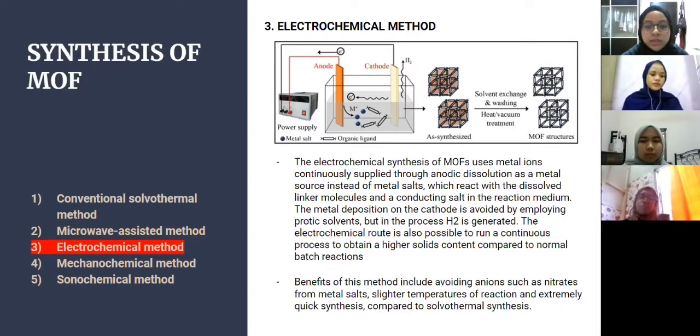The electrochemical route also makes it possible to run a continuous process to obtain a higher solid content compared to normal batch reactions. The benefits of this method include avoiding anions such as nitrates from metal salts, a slightly lower reaction temperature, and extremely quick synthesis compared to the solvothermal synthesis just now.